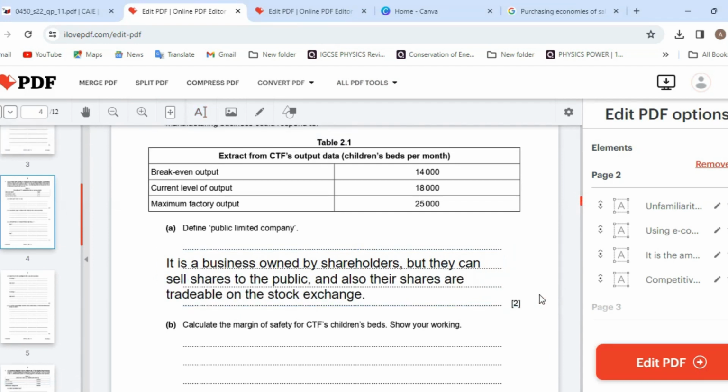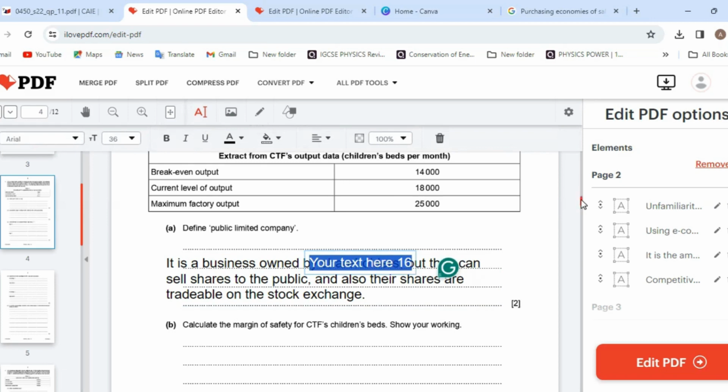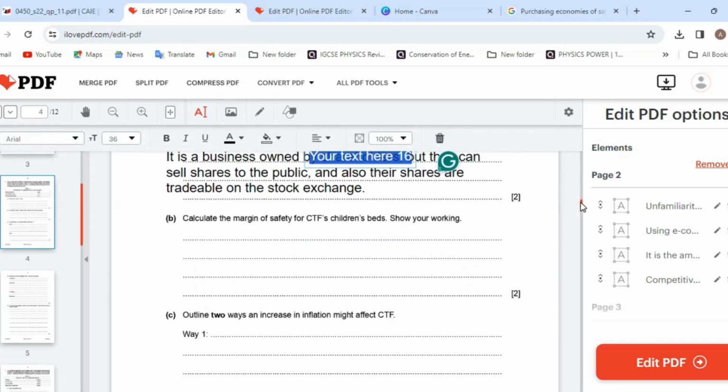To calculate the margin of safety, we have the current level of output minus your break-even output. Remember we were told to show our workings before we write the final answer.